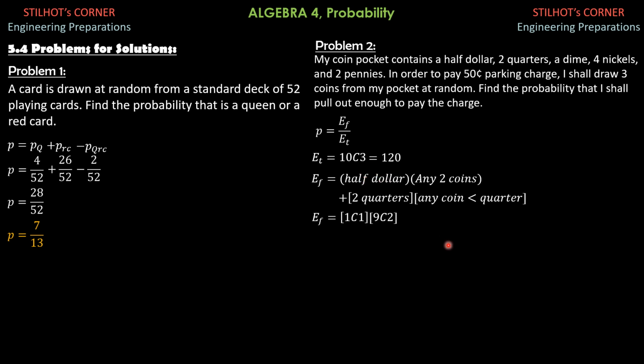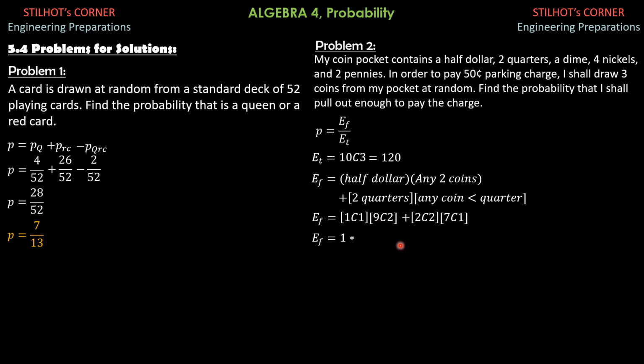So E sub F equals 1C1 times 9C2 plus these 2 quarters here. There are 2 quarters, so 2 combination 2. And the remaining any coin less than a quarter would be 7 combination 1, because we have here a dime, 4 nickels, and 2 pennies. So just 1, because the first 2 are already the 2 quarters. So 2 combination 2 times 7 combination 1.